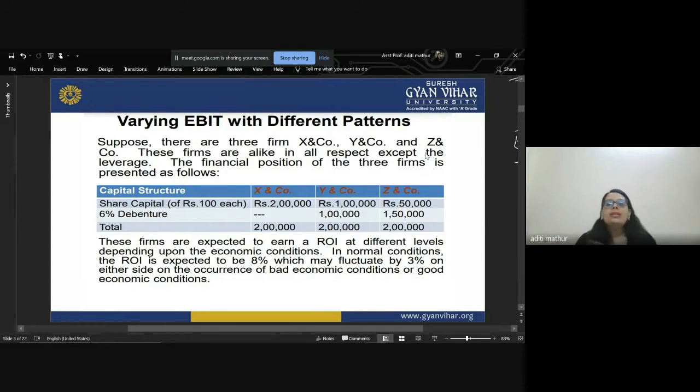So by the 3% gap, it might vary. So there are three economic conditions they are giving us: the first one is good, then bad, and then average, right? So on an average normal basis, you earn 8%, but 3% up and down when the economy is good and bad.